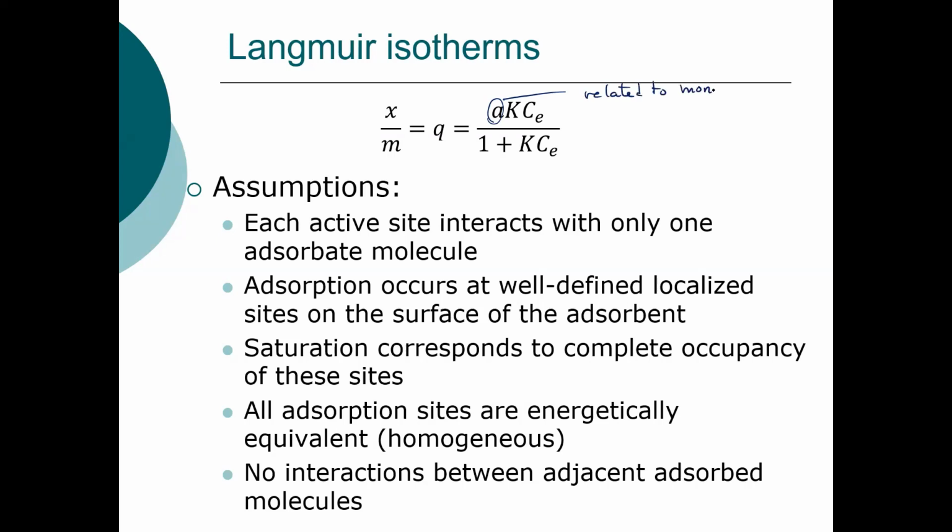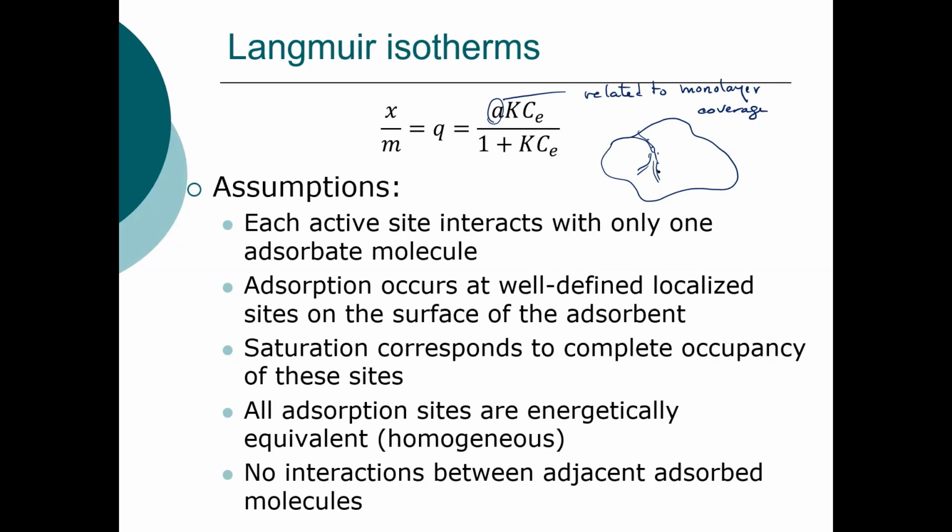to monolayer coverage. So we drew the grains of activated carbon. We showed the micropores in it, and we talked about sites on those micropores. So when we talk about monolayer coverage, what we're talking about is one molecule per site, so that we don't have molecules that kind of stack up on top of one another.